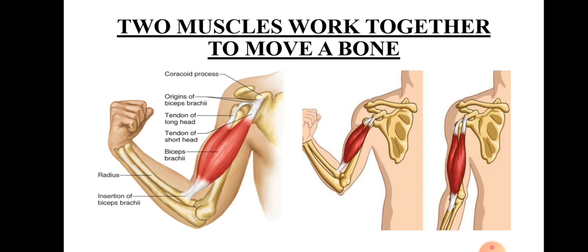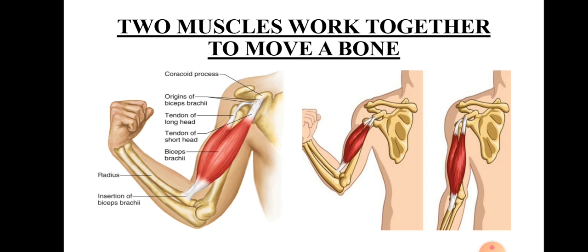For example, the biceps muscle in the front of the upper arm is a flexor and the triceps at the back of the upper arm is an extensor.